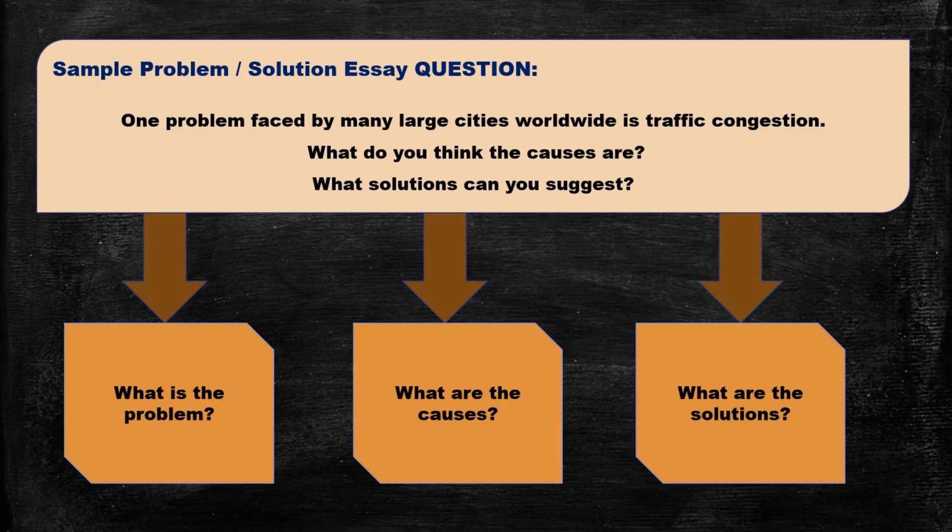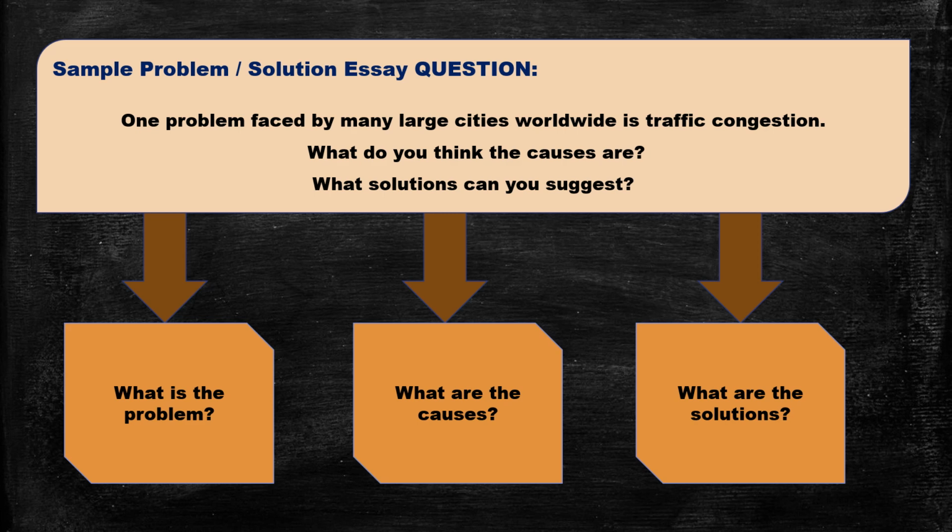When you analyze the question, there are three things you need to ask yourself before you begin to write. What is the problem? What are the causes? And what are the solutions? I suggest write in the blank side of your exam paper with pencil these three things when a problem and solution essay is given for you.